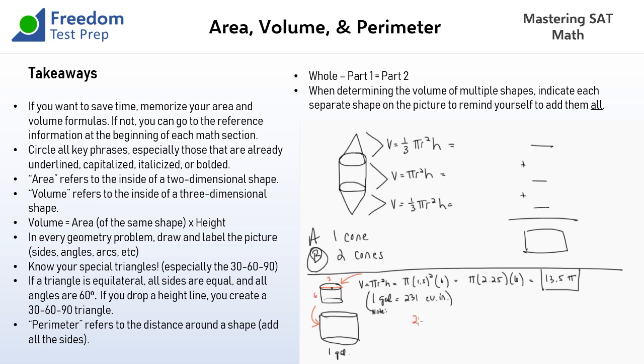All right, and they want to know how many of these glasses can fit into here. So we have this total volume of 231, and if we divide it by the 13.5 pi, then we'll get the number of glasses that can fit into this gallon container.